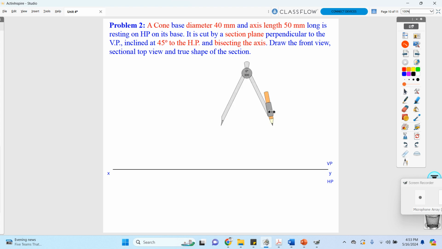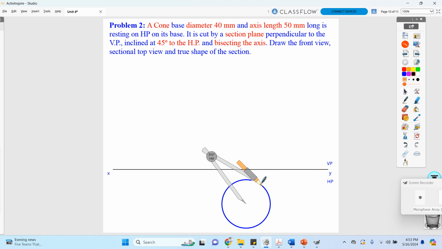So I am going to consider my compass. I am going to measure 40 mm. Okay, I am going to place it over here. Let us take it in this condition. So what is the diameter of this circle?